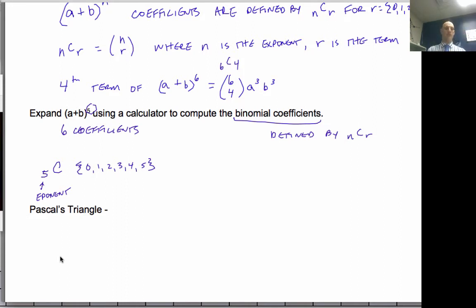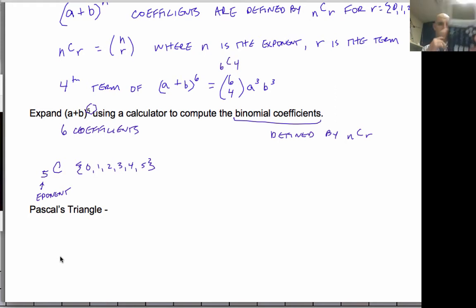When I put this into my calculator, I'm going to hit my math button, go over to probability, and put in nCr. It should show something that looks like this: 5 nCr, and then my little braces are on my second parentheses button. I'm going to put 0, comma 1, comma 2, comma 3, comma 4, comma 5, and close my braces, and check out what it gives me.